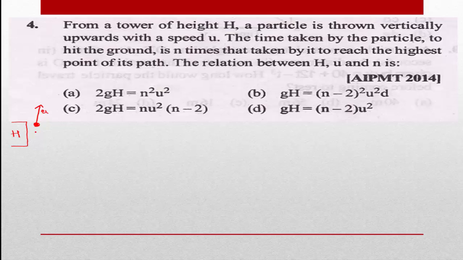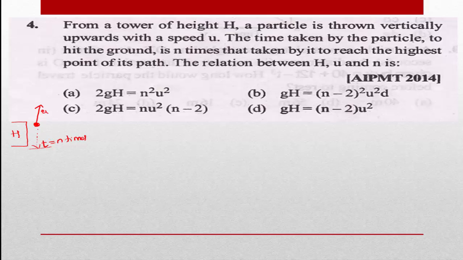I throw it upwards, but it comes back down. Time taken by the particle to hit the ground is n times that taken by it to reach the highest point of its path. What is the relation between h, u and n?